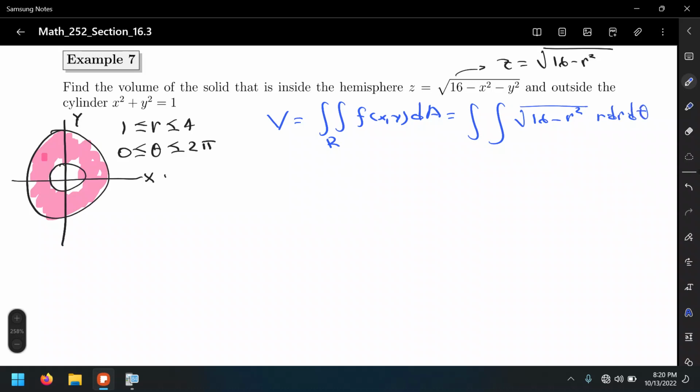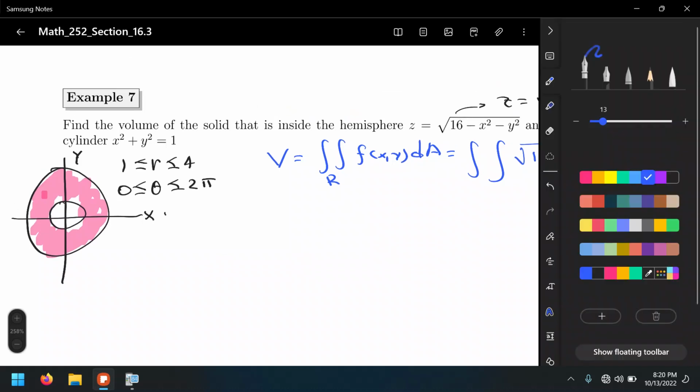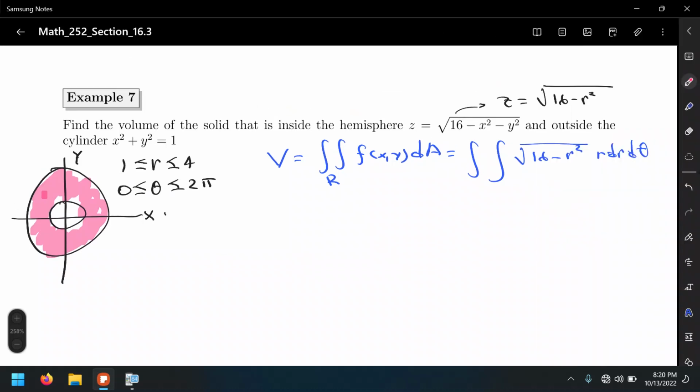And again, if we were to evaluate this integral, let me take a quick side trip. So that's 16 minus x squared minus y squared. If we wanted to evaluate this integral, whether dy dx or dx dy, it doesn't matter. Do you see the problem here?